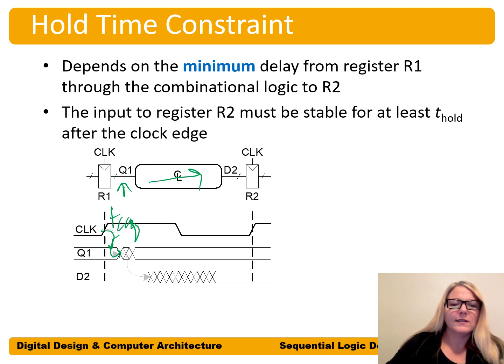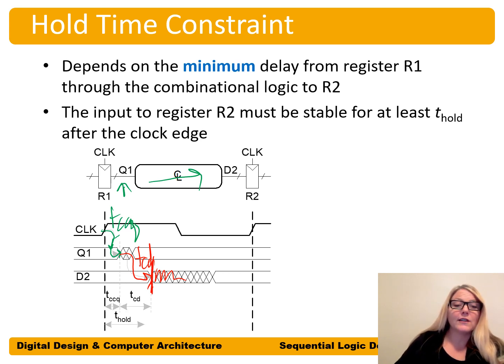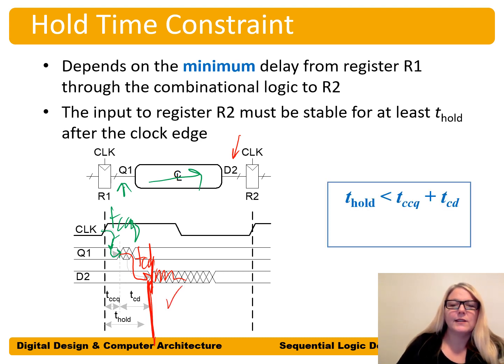That earliest change is TCD, and now D2 could start to change at TCCQ plus TCD after the clock edge. And we need to make sure that that is greater than the hold time constraint, where D2 had to remain stable after the clock edge. In this case, the constraint is met. So T hold is less than TCCQ plus TCD, or again, we could have written this the other way, TCCQ plus TCD is greater than T hold.